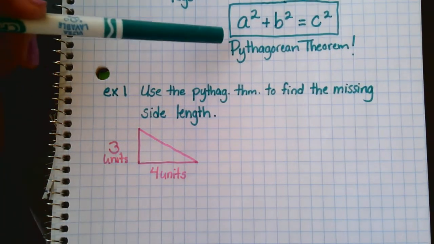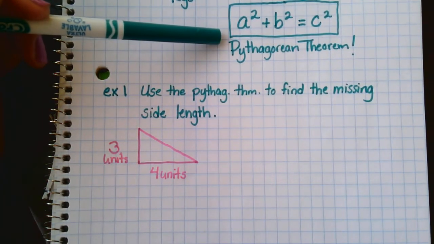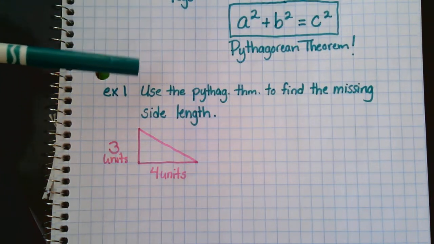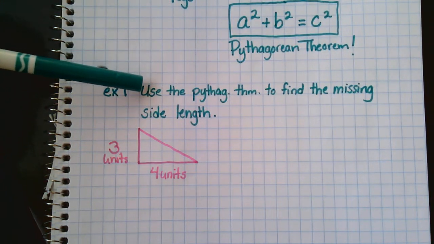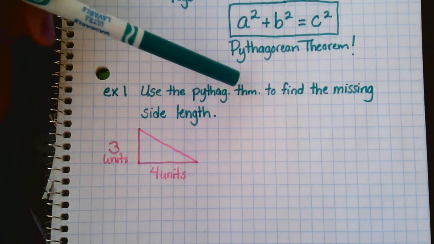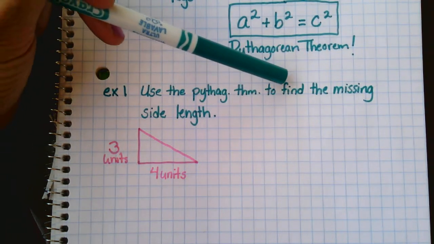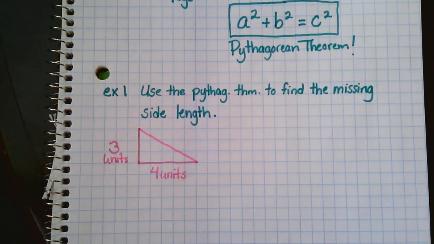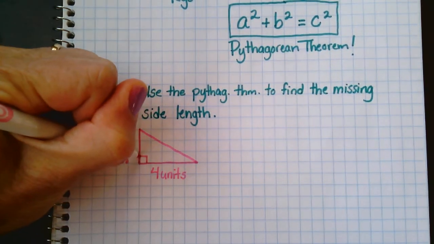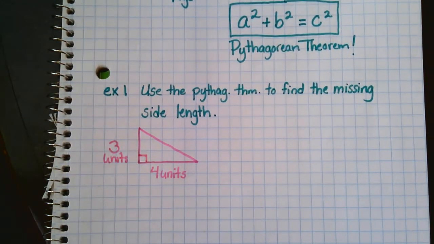Okay, now we're going to use the Pythagorean theorem in some example problems. So example 1 tells us to use the Pythagorean theorem, which you can see I've abbreviated it here, to find the missing side length. So we have a triangle here that is a right triangle, so I'll indicate that.